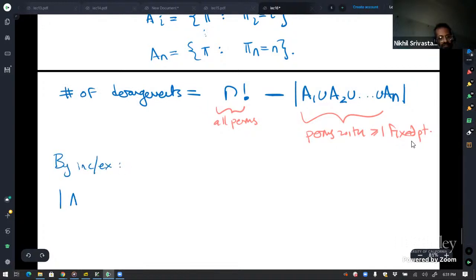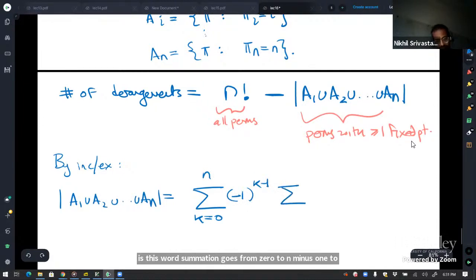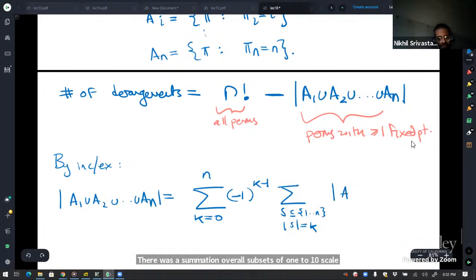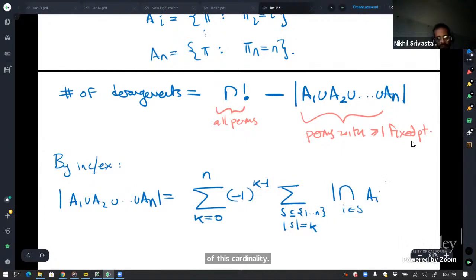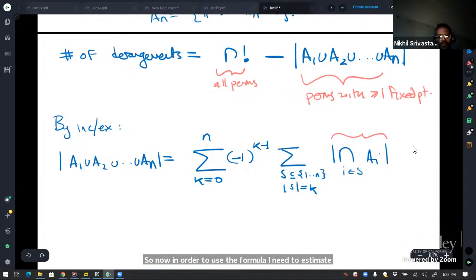By inclusion-exclusion, the cardinality of this set is this: summation k goes from 0 to n, minus 1 to the k minus 1, times the summation over all subsets of 1 through n of size k of this cardinality. Now, in order to use the formula, I need to estimate what these cardinalities are.